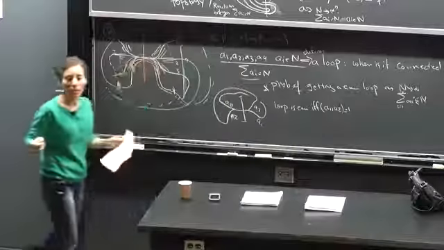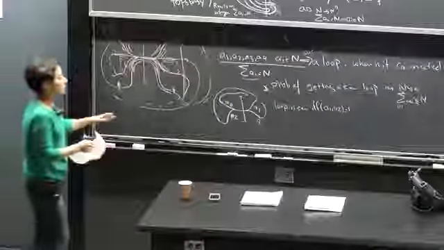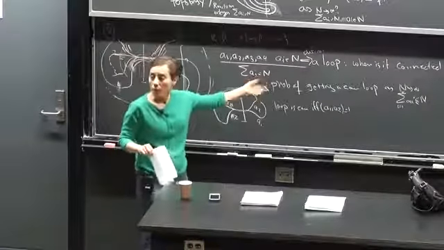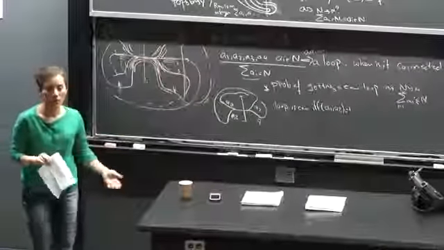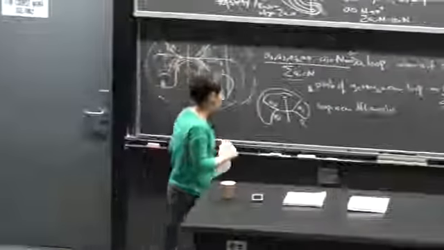So as n goes to infinity, you get a probability of getting a connected arc which is non-zero, 6 over pi squared, which you can calculate using elementary number theory.